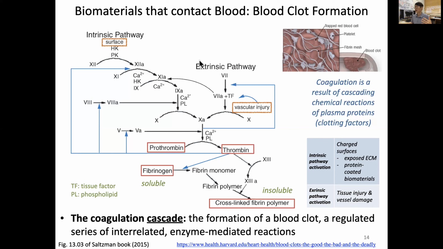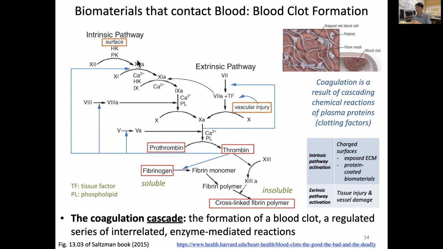The extrinsic pathway comes from vascular injury and tissue factor, and it activates factor X. The important point here is that prothrombin is converted into thrombin, and that goes back to the original step, which makes a positive feedback to make this process quick and amplified, so that eventually the soluble fibrinogen becomes fibrin polymer, and cross-linked fibrin polymer is insoluble and forms a blood clot.